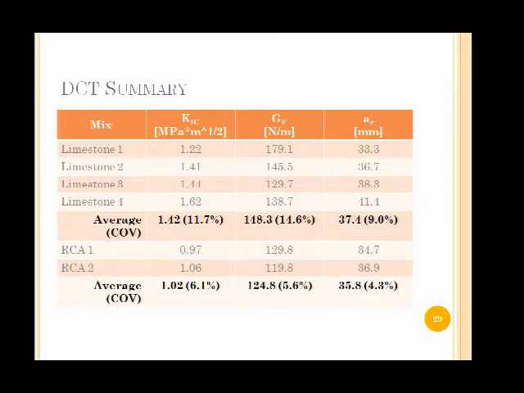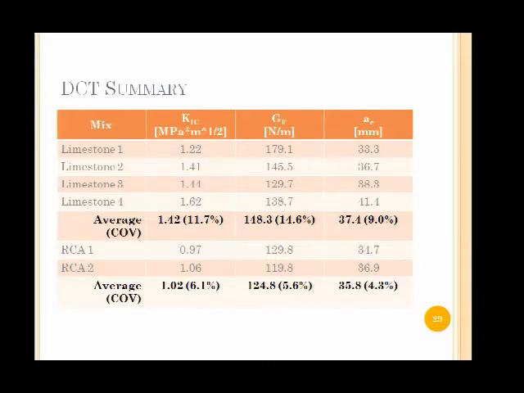And as I said, I'll show you the two together. But the COVs generally go up a little. One possible reason could be because this is a smaller specimen than the beam. And so maybe we're introducing more size effect issues into it. However, the COVs are still in the range of a valid test, so it appears that it still can calculate these values accurately.